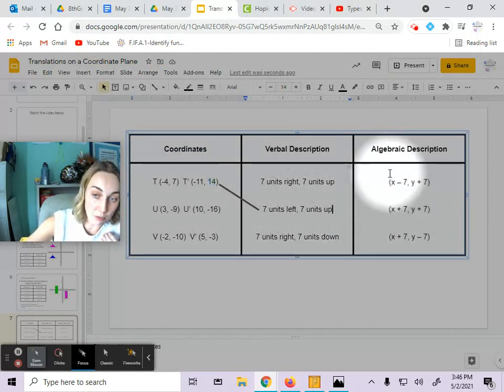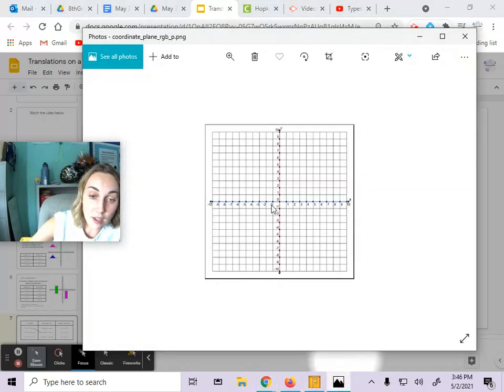All right, so we move 7 units to the left and then 7 units up, and then we're going to write out an algebraic description, and what this basically is going to say is this one right here. Moving 7 units to the left on the x-axis, if you move to the left, you get smaller. It goes from negative 2, negative 3, negative 4, negative 5. Those are smaller numbers as you move to the left, okay?